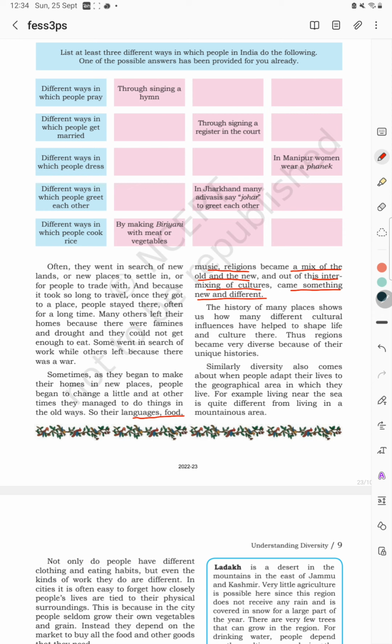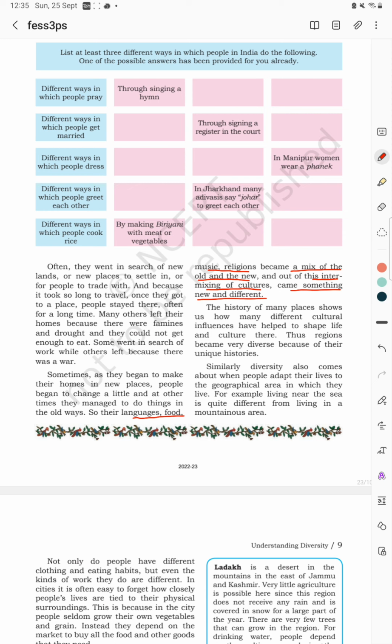The people who move from one place to another have their own traditions and culture, and at the places where they are moving, the people also have their own traditions and culture. So they try to intermix the culture of their old places and their new places. And from this intermixing, something new and different emerges.